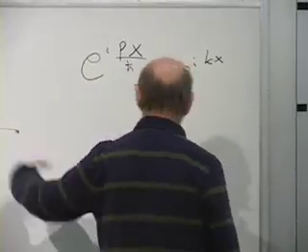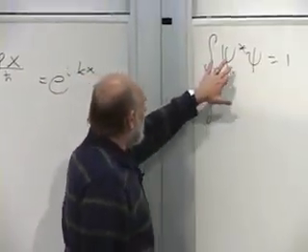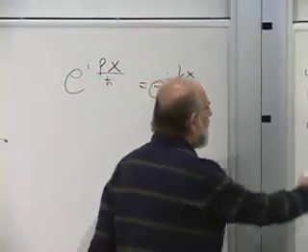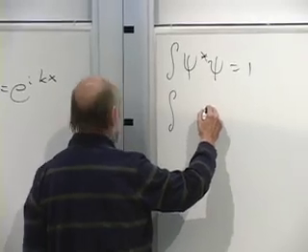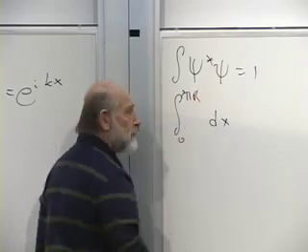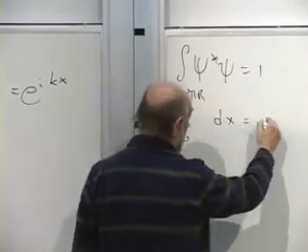Then psi star psi is 1, but the integral over x from 0 to 2 pi r would not be 1. It would just be 2 pi r.